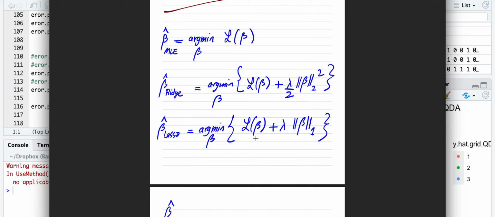This leads to simplicity because in many scenarios we have many features and we know that a small subset of these features are associated with the response, but we do not know which subset.